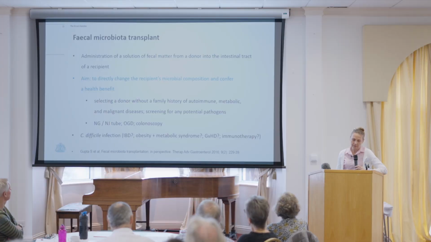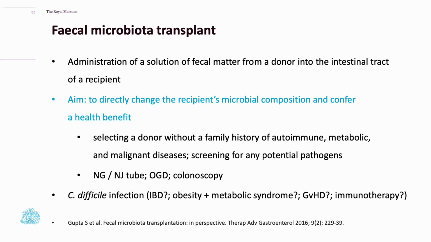Fecal microbiota transplant is administration of a solution of fecal matter from a donor into the intestinal tract. The aim is to change the microenvironment quickly, and it should confer a health benefit. We need to select the donor very precisely. The donor can't have any family history of autoimmune or metabolic disease or malignant disease, obviously. We need to screen for any potential pathogens.